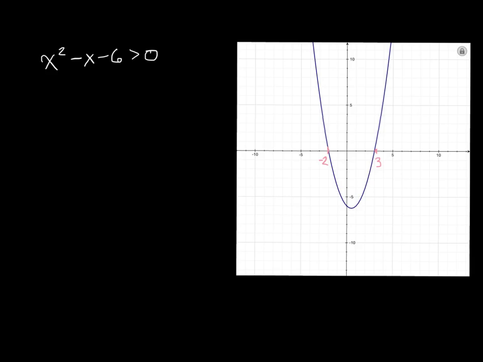So we already know graphically that the solution should be that our function is positive from -infinity to -2 and positive from 3 to infinity. Right? So let's see if we get the same answer algebraically.